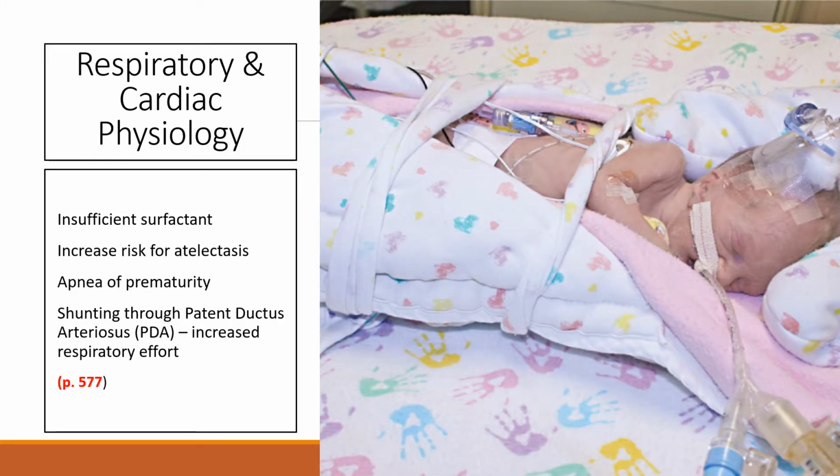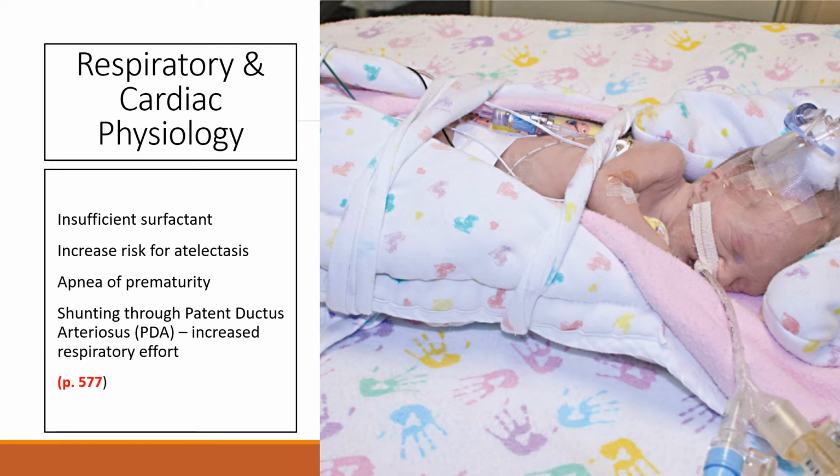Some respiratory and cardiac physiology. These babies that are small for gestational age or that may be premature may have problems with their respiratory system, meaning that they may have insufficient surfactant stores, which can lead to increased atelectasis and will contribute to apnea of prematurity. There is a risk for shunting through the patent ductus arteriosus, which will also increase respiratory effort.